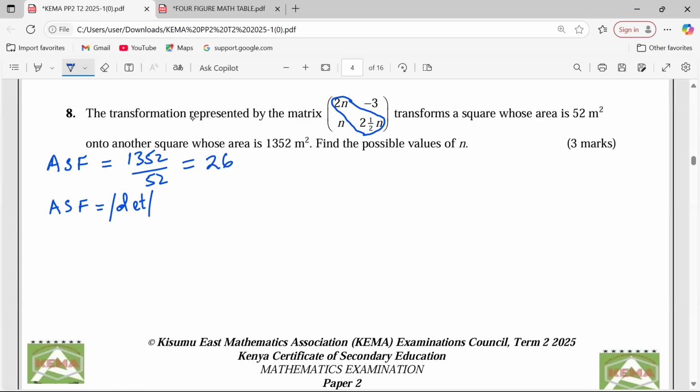Then minus the product of the elements in the other diagonal, this one. Therefore, we say 2n multiplied by 2.5n minus n multiplied by -3. This is supposed to give us the determinant, and the determinant is equivalent to 26.